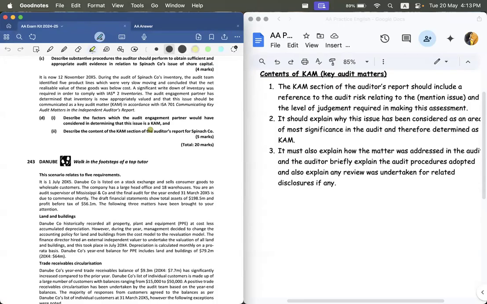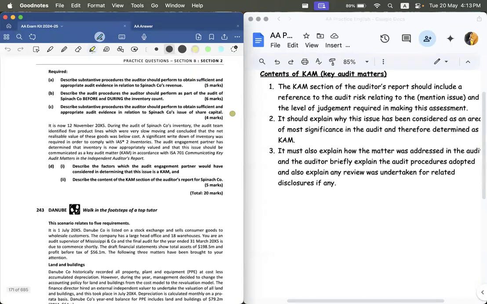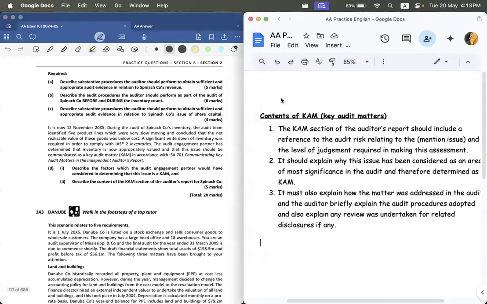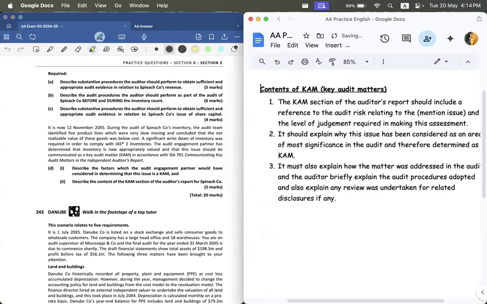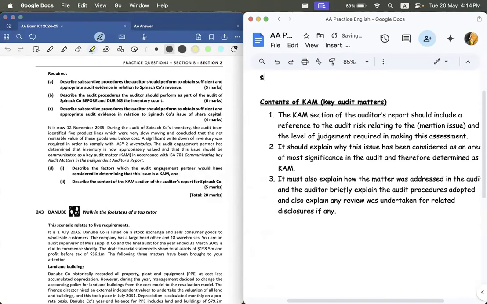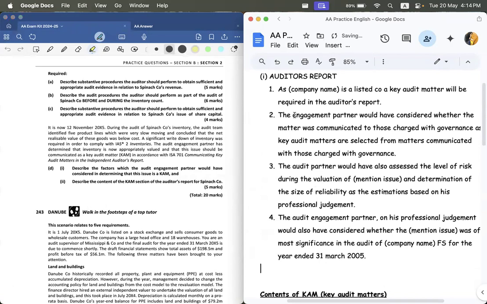So for a CAM question, they would divide the entire question into two categories. Out of that, one of them is the contents of the CAM, and the other is the auditor's report.